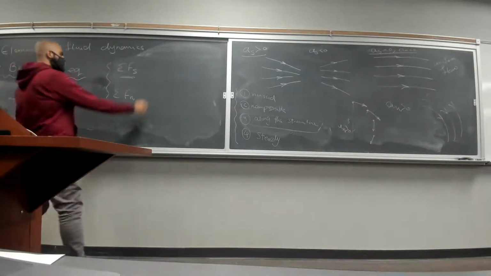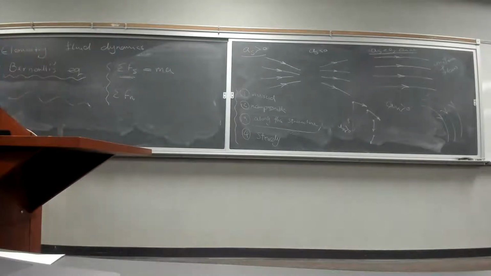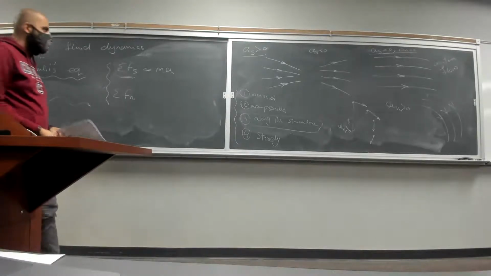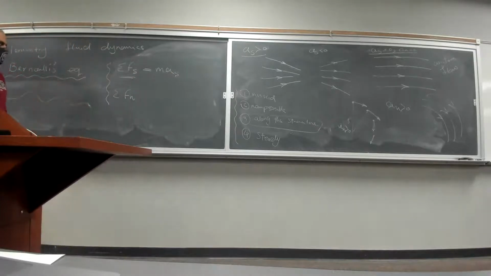So sigma f in the S is going to be equal to m multiplied by a. Well, what is the acceleration that we are interested in here? That's the acceleration in the same direction, so a of s, right?